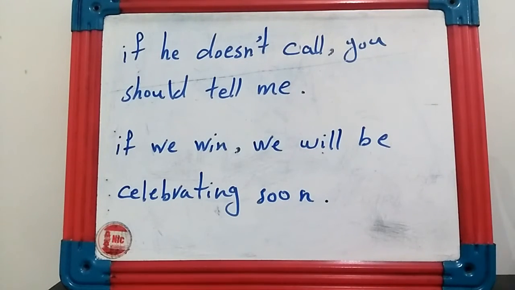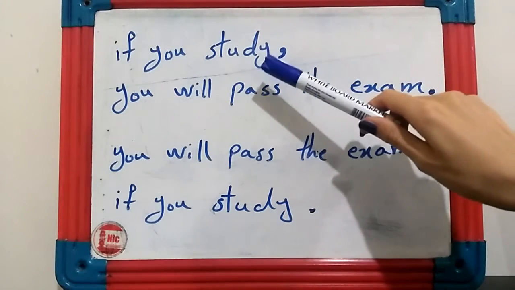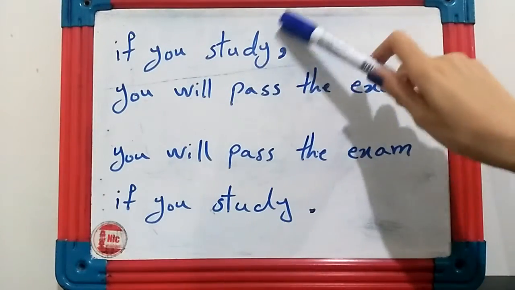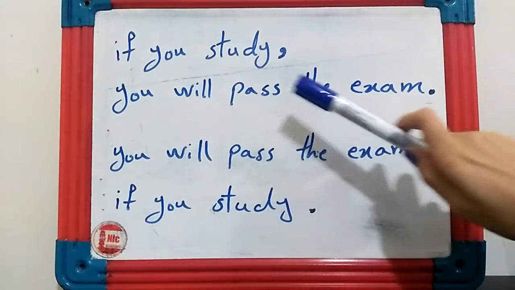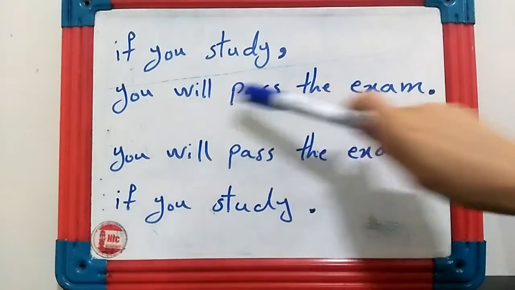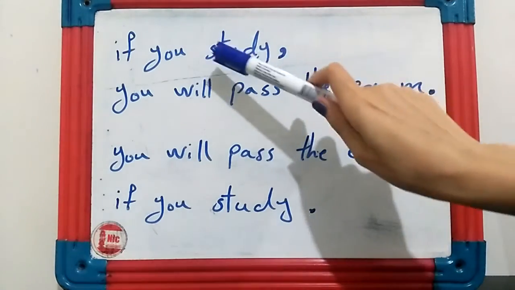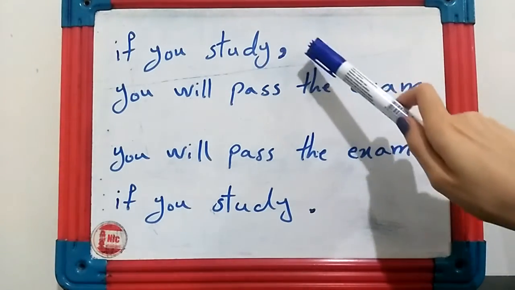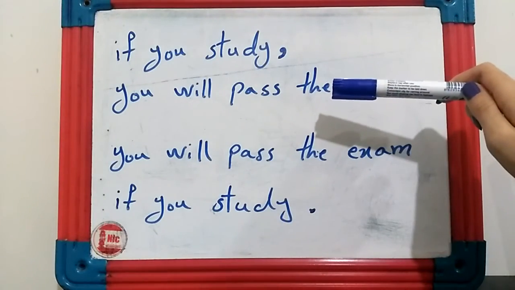So pay attention. Now, one thing you should know about first conditional sentences. If you study, if clause, comma, present study, you will pass the exam. Main clause, future. So after if clause we should bring comma, but we can change the first conditional sentence.